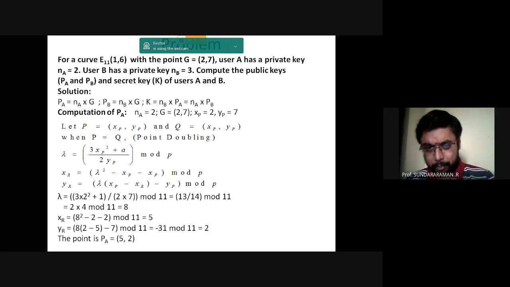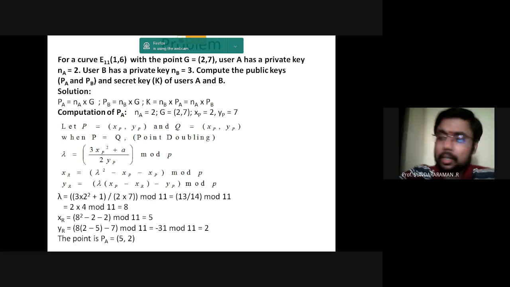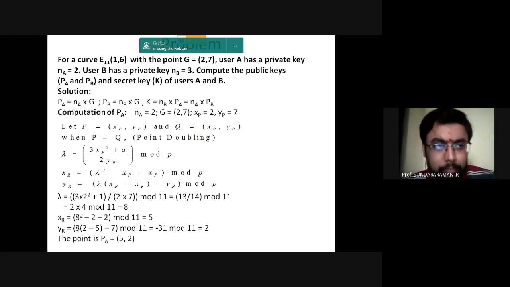Now, as per the problem statement, we have to compute the public keys Pa and Pb and also the final secret key. As you already know, the secret key computed at both user A and user B level must be the same, but the public keys will be different, because they will be choosing different scalars.